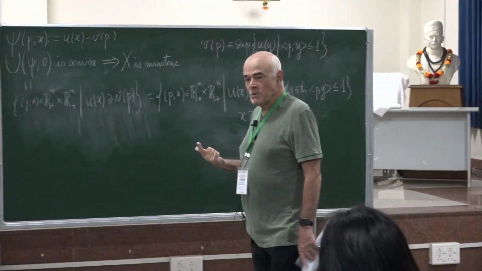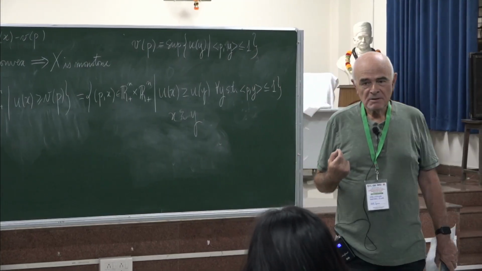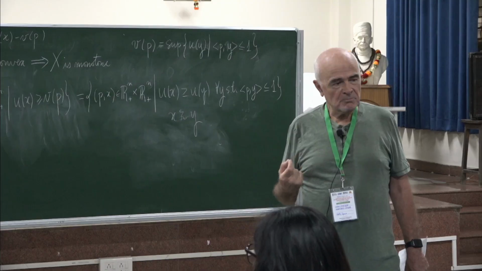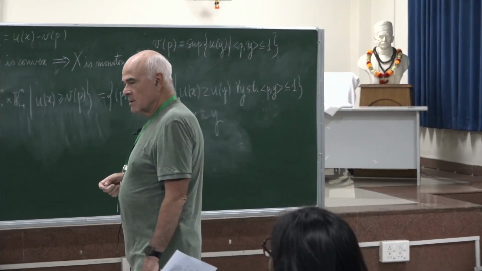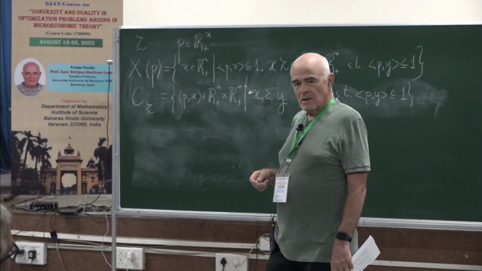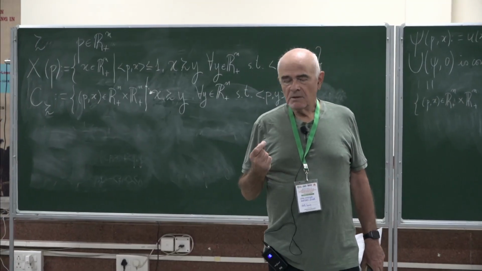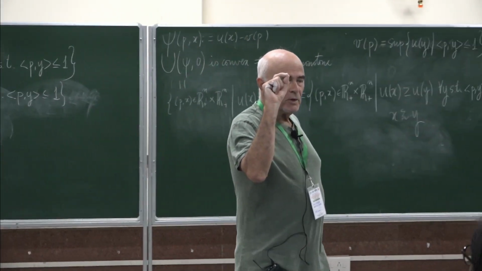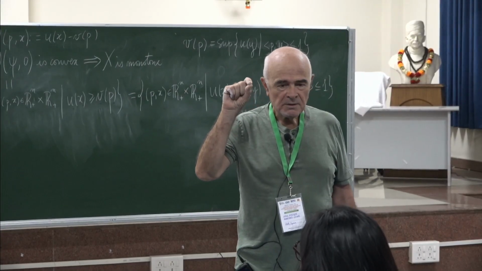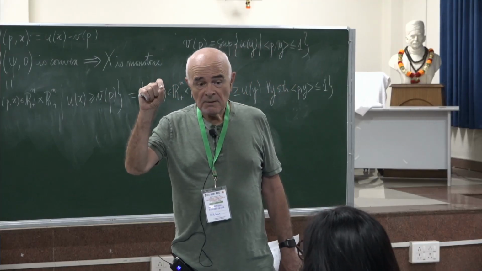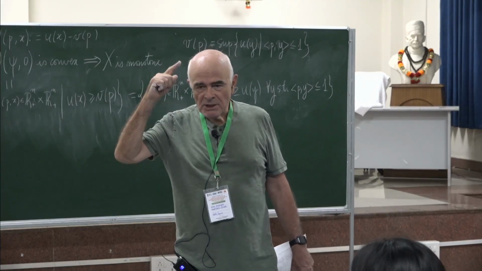But now we have no U. I cannot talk of a local maximum. So what is the assumption of no local maximum in the case of preferences? This is what economists call the local non-satiation property. Roughly speaking, it means that for every commodity bundle, in its neighborhood, no matter how small the neighborhood is, you can find something which you strictly prefer to that. So you are never satiated locally.